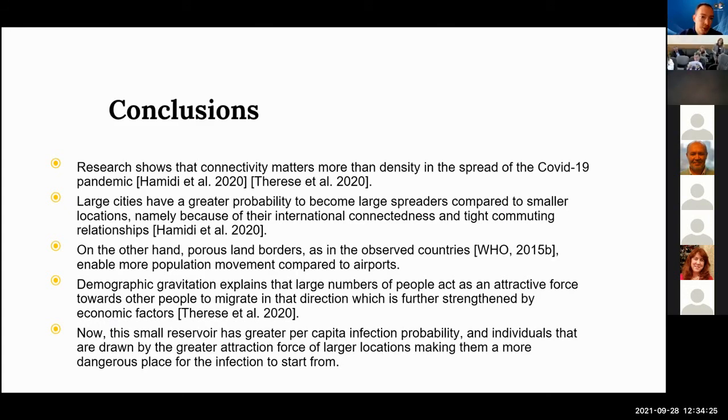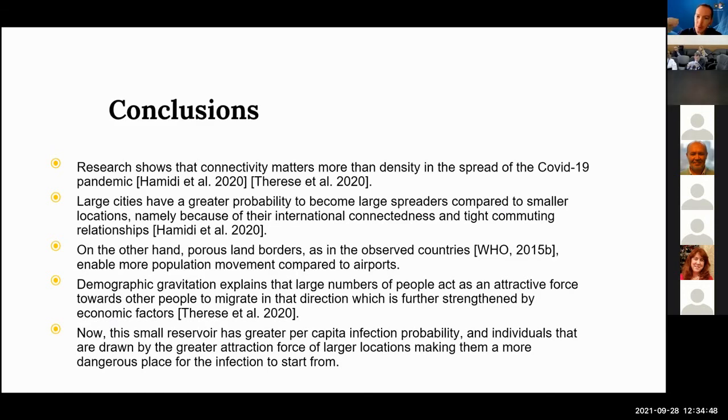Of course, large cities have a greater probability of becoming large spreaders because there's a large community living there. And what is also interesting is if you have a country that is connected by land to another one, for example Italy, borders are much more porous.